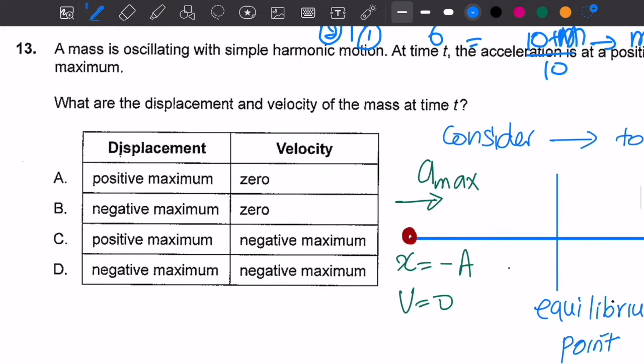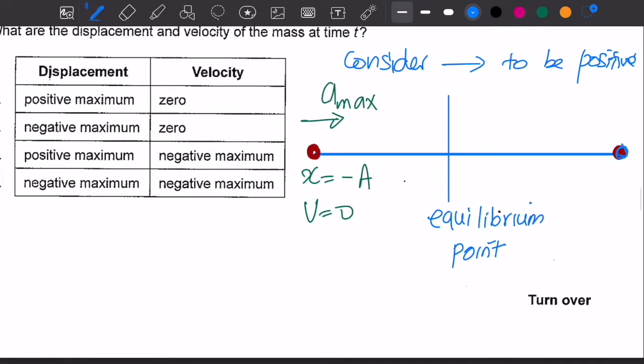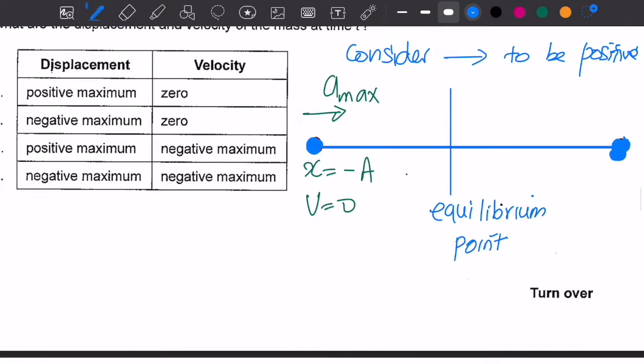Question number 13 is about simple harmonic motion. We have to understand the extreme points are where the acceleration is maximum, displacement is maximum, and velocity is 0.